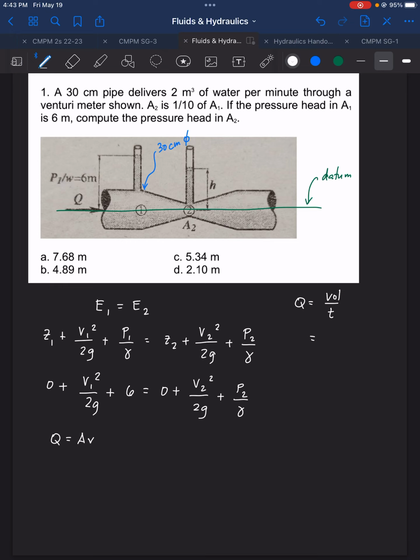Our volume here is 2 cubic meters of water per minute. We will convert that into seconds, so per minute becomes 60 seconds. Therefore, we have Q equal to 2 divided by 60.